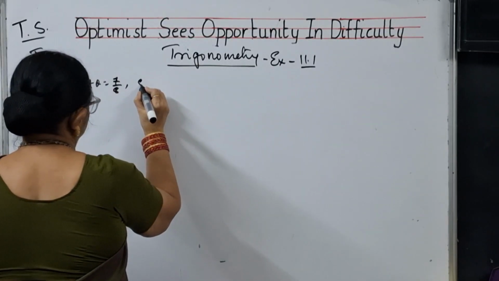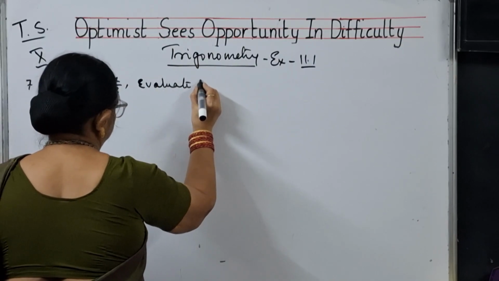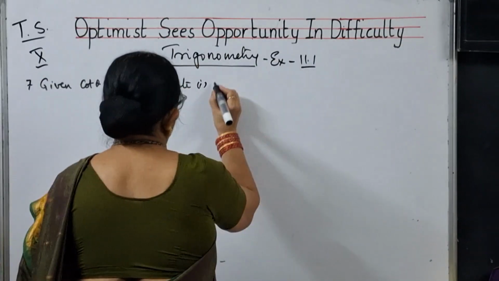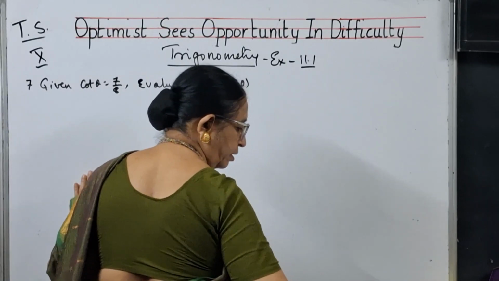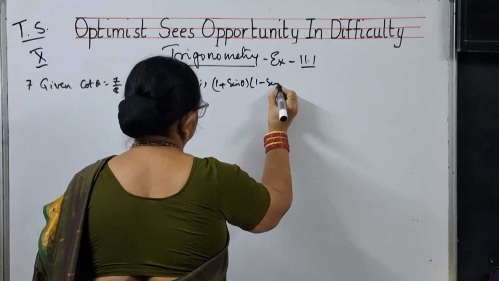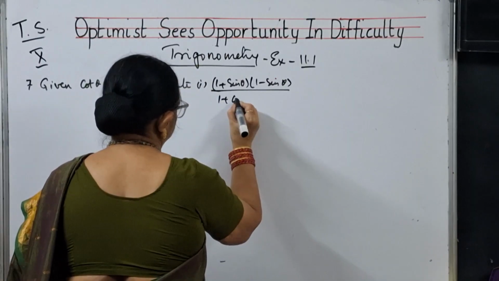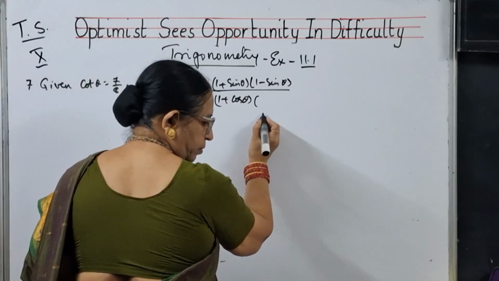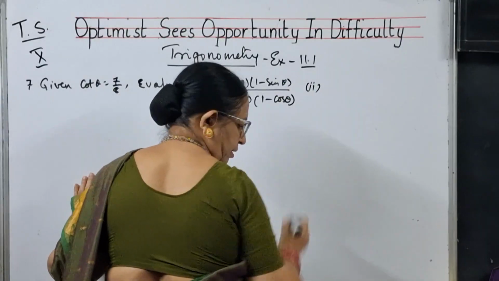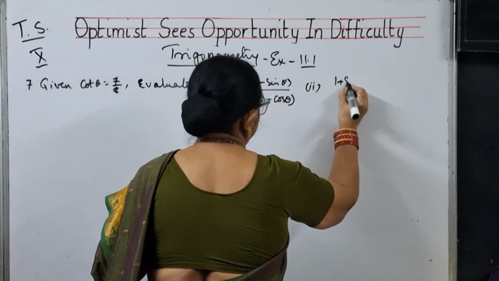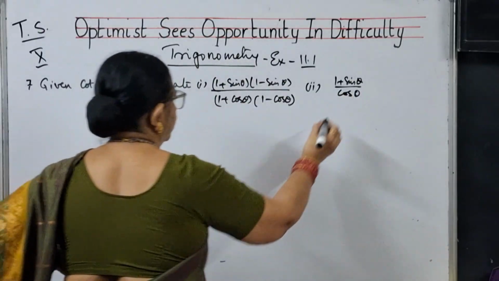Then you have to evaluate: first bit, (1 plus sine theta) into (1 minus sine theta) by (1 plus cos theta) into (1 minus cos theta). This is the first bit. And the second bit, cot square theta, 1 plus sine theta by cos theta. These two we have to prove.